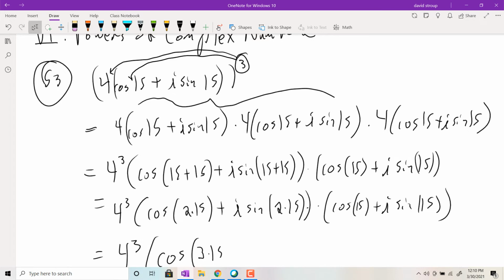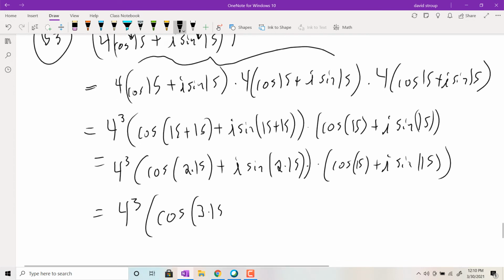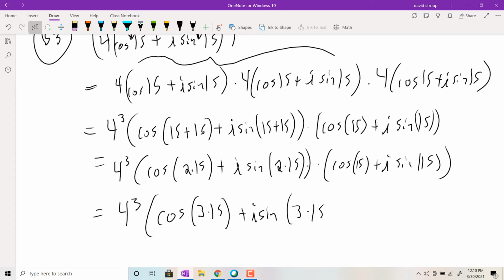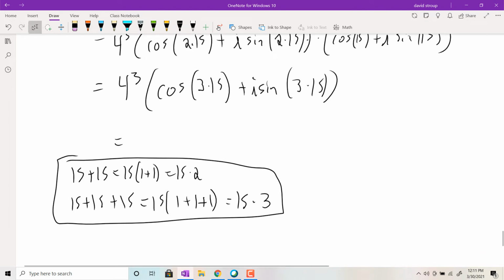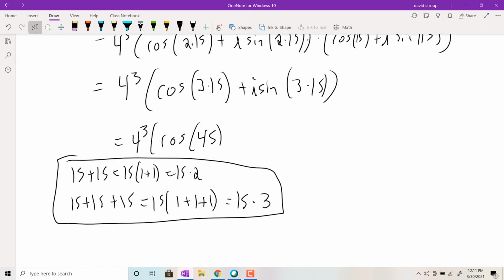You're going to just put it right there and put it right there. And at the end, you have cosine of 3 times 15 plus I sine of 3 times 15. Of course, when you wrote it out, you wouldn't write 3 times 15, you'd just write 45. So this would be 4 cubed times cosine of 45, but we're looking for a pattern, right? This I sine of 45. Okay.